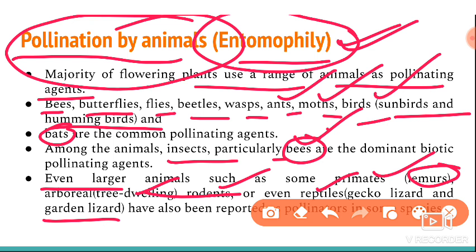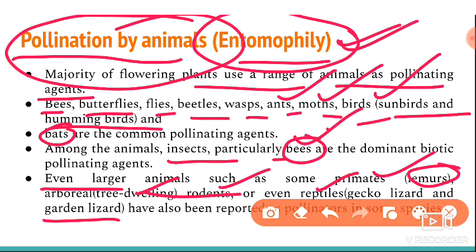For the pollination purpose, plants should have some important adaptations. When you observe wind-pollinated and water-pollinated flowers, they do not produce any nectar. They are not that colorful, and they do not produce any fragrance. Why?